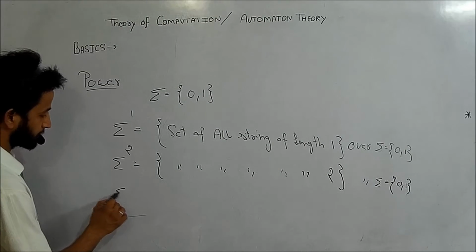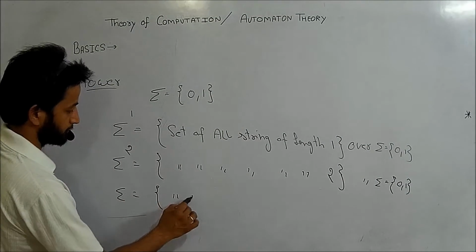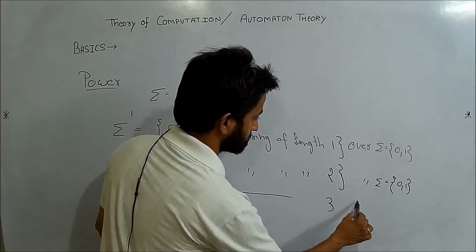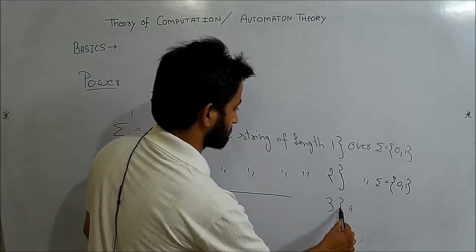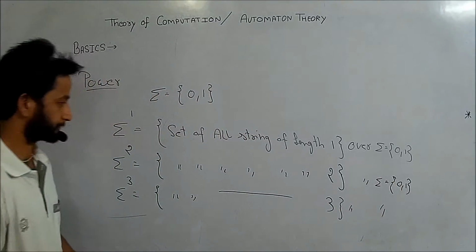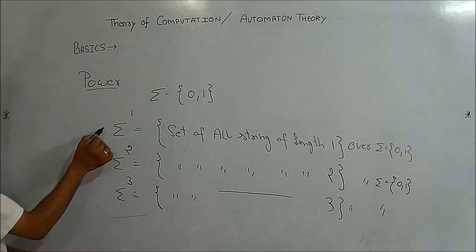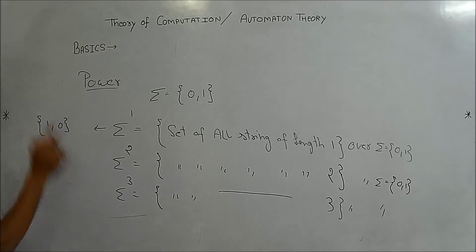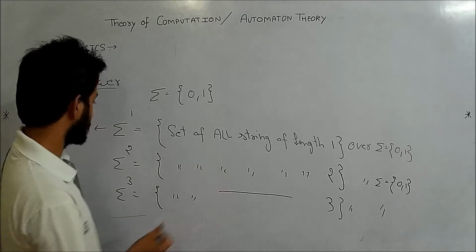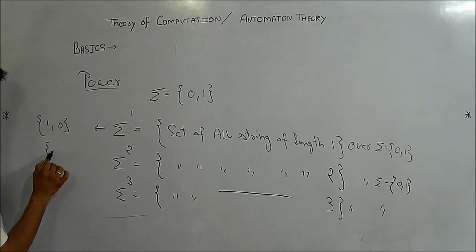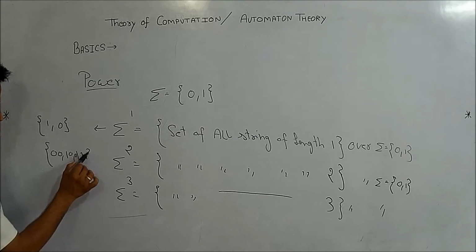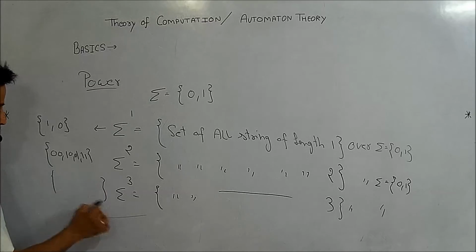And if I have the case sigma 3, then what will happen? The set of possible strings of length 3 over the same alphabet. In the first case the language will be 0 and 1, and in the second case I will have 00, 01, 10 and 11, and the same will be in the third case.